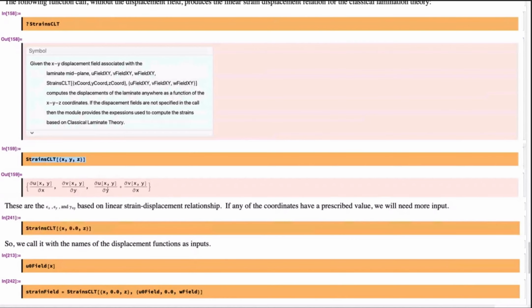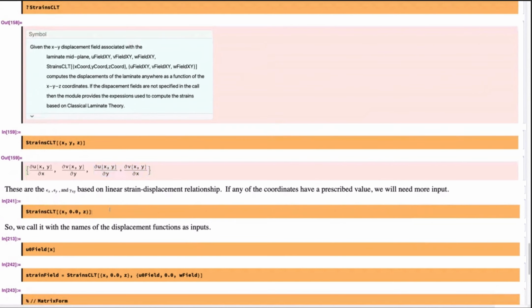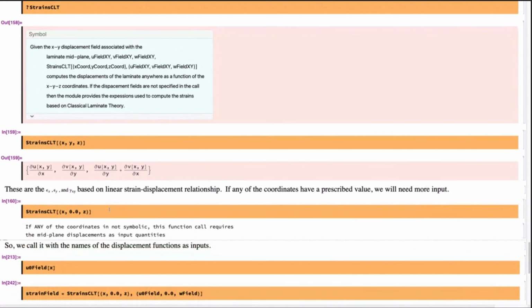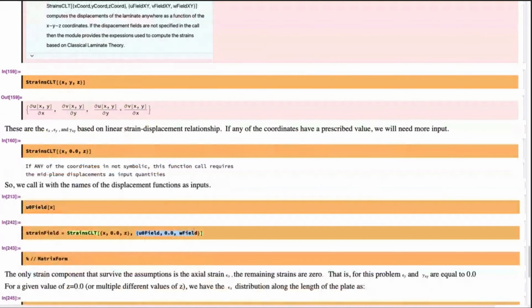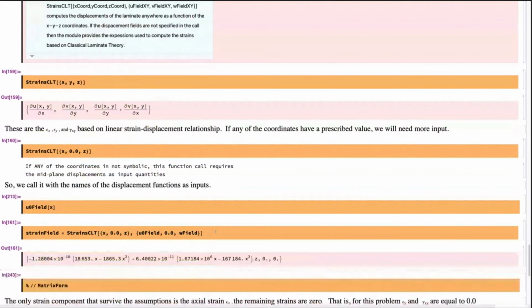And this is the shear strain in terms of the u's and v's. Again, strains, if you put a number, it doesn't do anything. It needs the field values of the u field and the v, w fields.